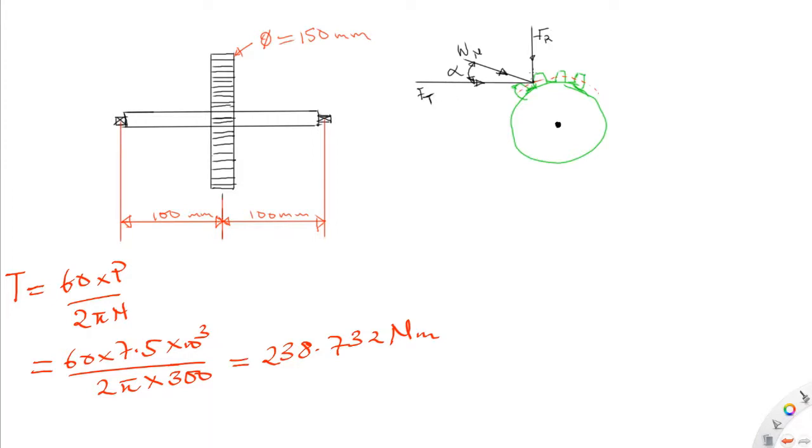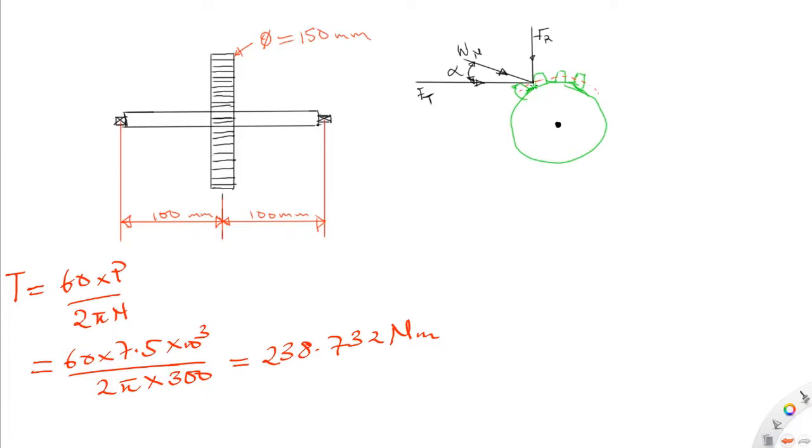We could determine this one and have the bending moment for it, and this one and have the bending moment, and finally we superimpose the two. Or we could just determine the resultant Wn, and find the bending moment with respect to the Wn. So what we are going to do now is to determine the Wn.